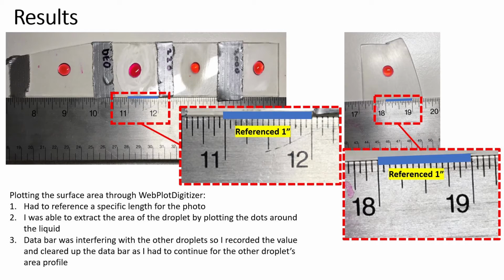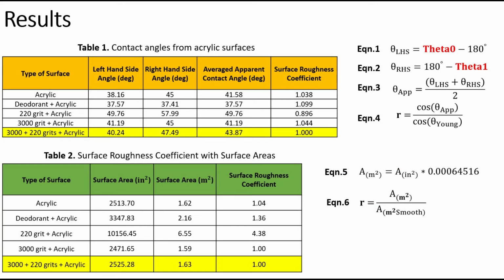So once I got my value for the corresponding droplet, I recorded it to Excel and I had to clear up that data bar so I could extract the other droplets more clearly and not mess up during my extraction. So that was the technique I did to get the surface area profile of my droplets.